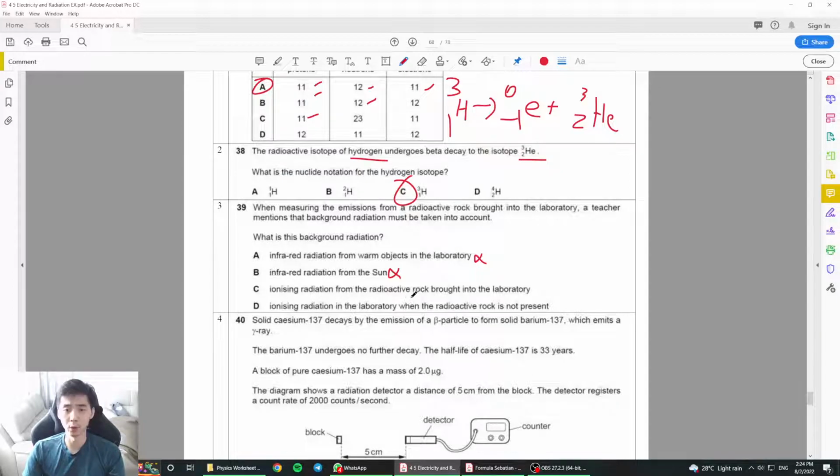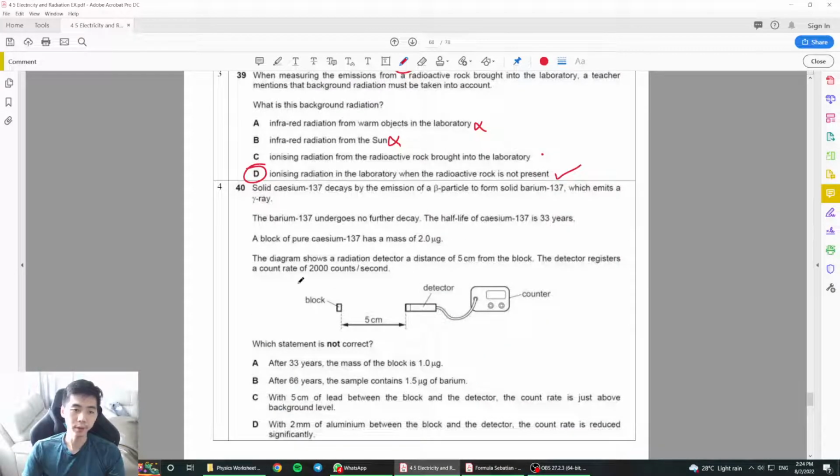Ionizing radiation from radioactive rocks brought into the laboratory? Possible. Ionizing radiation in the laboratory when the radioactive rock is not present? Definitely here, guys. Even though there are no active radioactive samples here, there will still be background radiation, because background radiation is always random and present. These are the two conditions for background radiation, right?